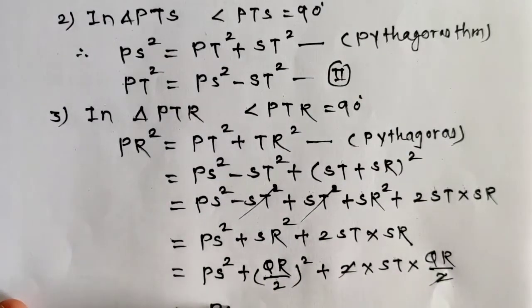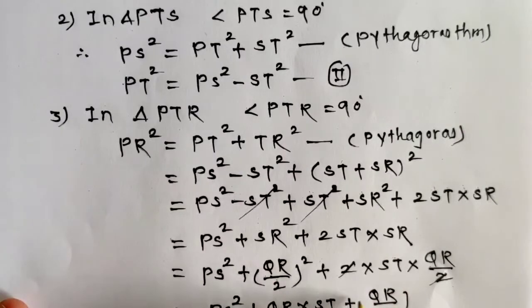We get our result PS square plus QR into ST plus (QR upon 2) whole square. So this is the first proof.